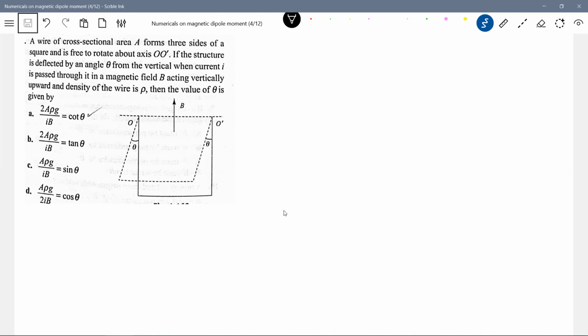All the numericals I'm bringing are very fundamental; a student must know this. A student must have an exact picture of all these basic numericals.